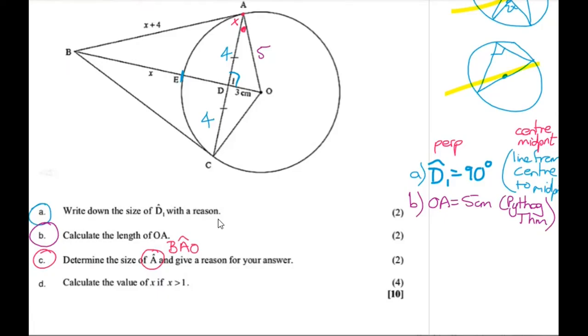Okay, so they're looking for the dot and the cross together. So what would the size of that angle be? And the only reason I could figure that out is because I looked at the mark allocation, and from my teaching experience.